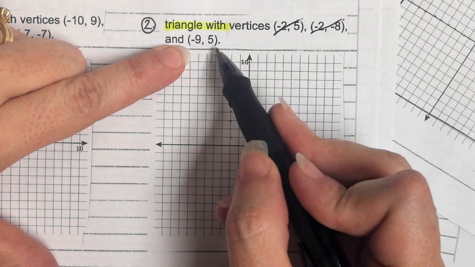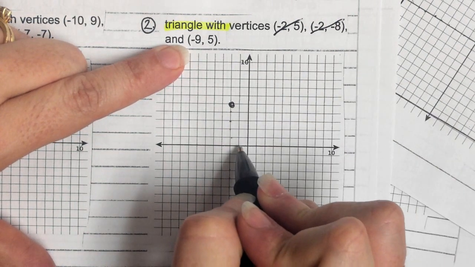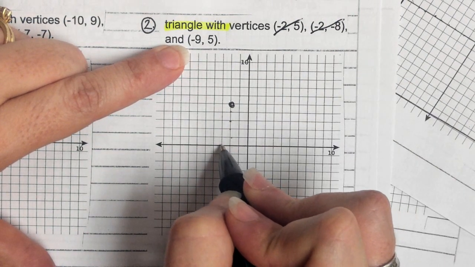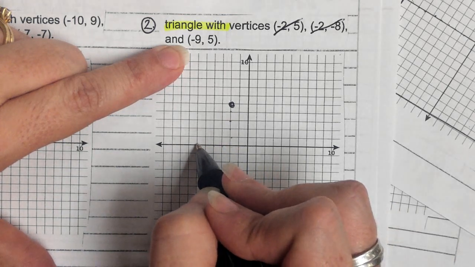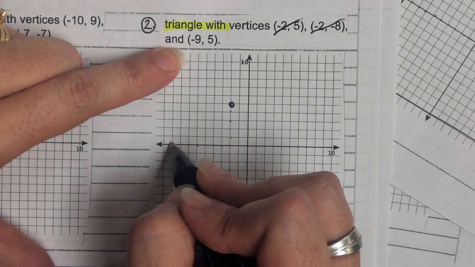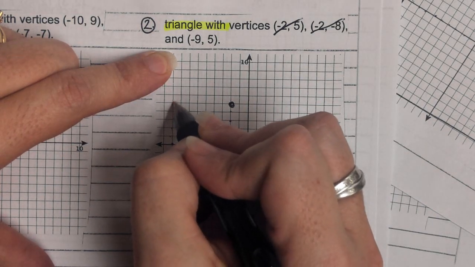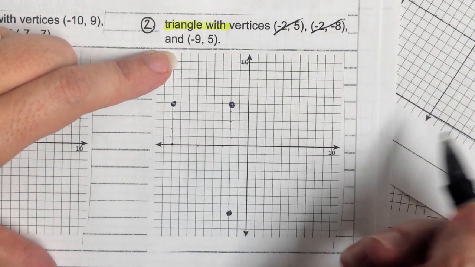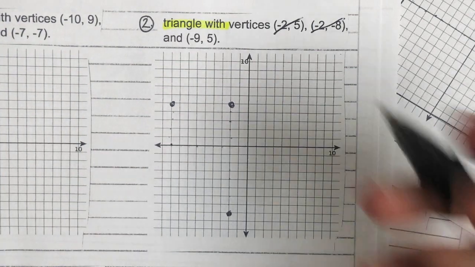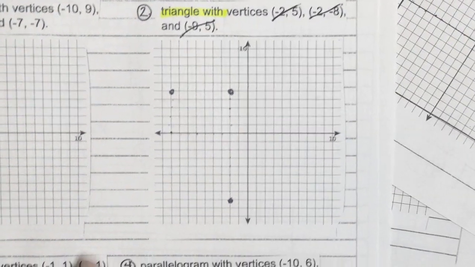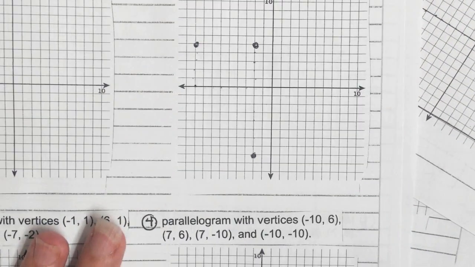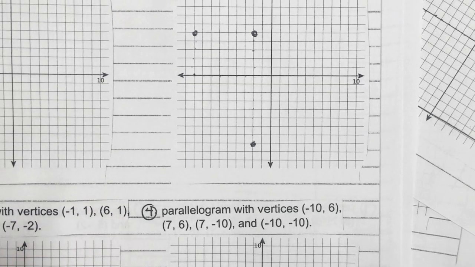And negative 9 and 5. 3, 4, 6, 8, 9, and up 5. Whew. Okay. So now I've got my 3 dots. We know it's supposed to make a triangle.